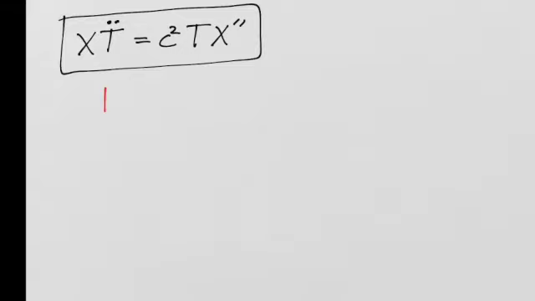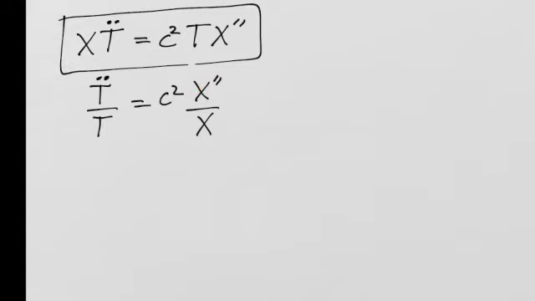You end up with t double dot equals c squared t x double dot divided by x, and then you divide both sides by t, and this t goes away, and it ends up down here, right? So the final expression is this. You got t double dot over t equals c squared x double prime over x.